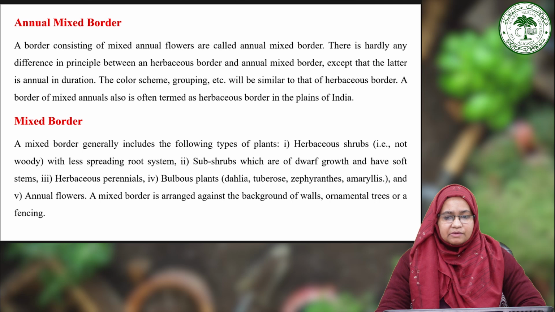And fourth is bulbous plants such as dahlias, tuberoses, zephyranthes and amaryllis which grow from bulbs. And fifth is the annual flowers which complete their life cycle within a single growing season. These plants are arranged against backgrounds like walls, ornamental trees or fencing to create a visually appealing mixed border.